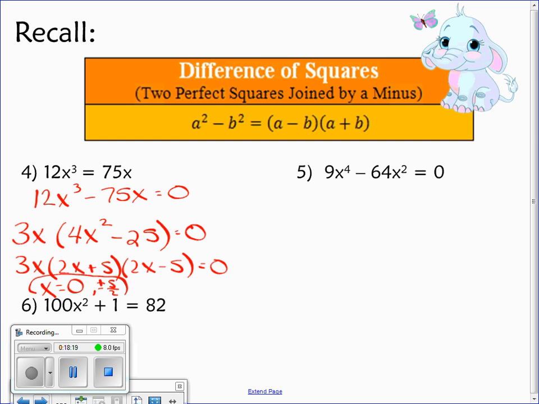All right, what about number 5? So I've already said equal to 0. GCF? X squared. You're right with the 1. Nothing goes into them both, but I can take out the x squared. Oops. Hold on. One step at a time.